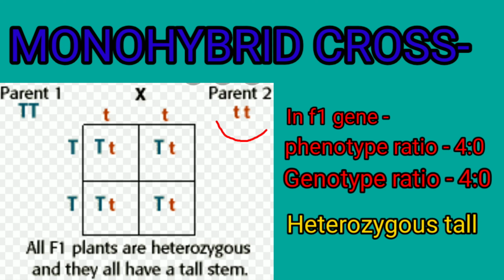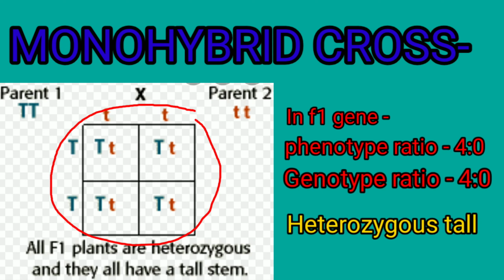The gamete produced by parent 1 is capital T and the gamete produced by parent 2 is small t. In the F1 generation we will cross these two gametes with the help of a Punnett square.